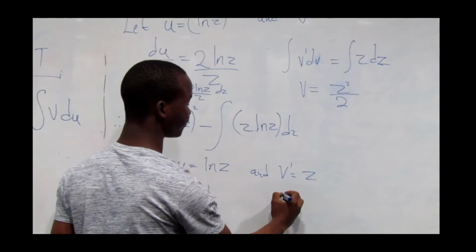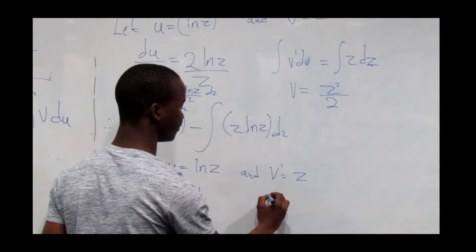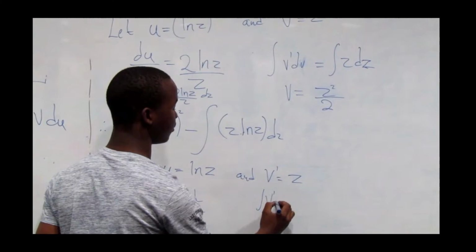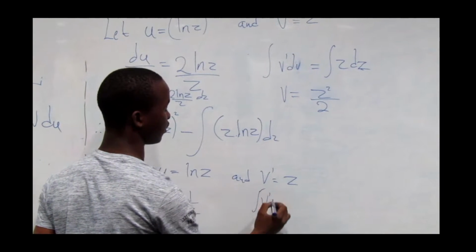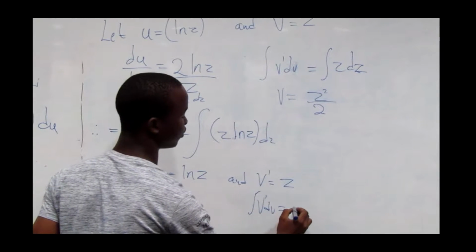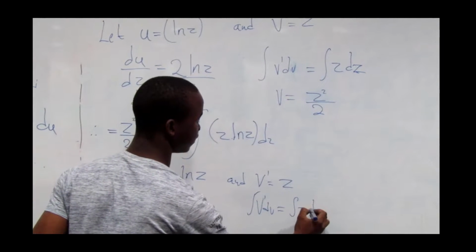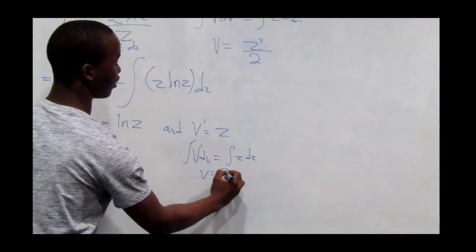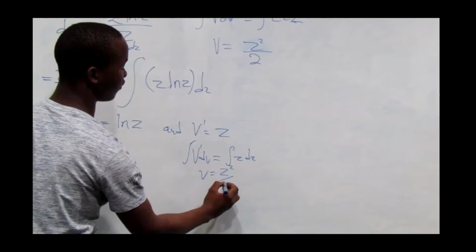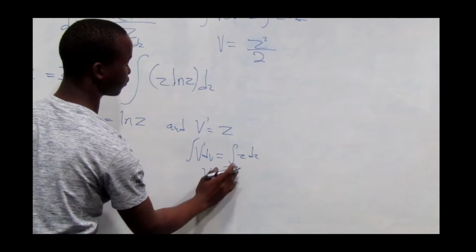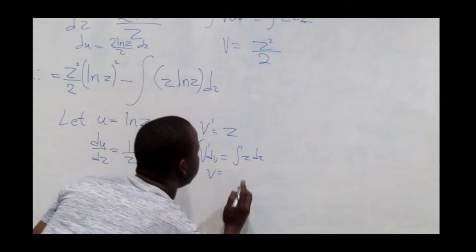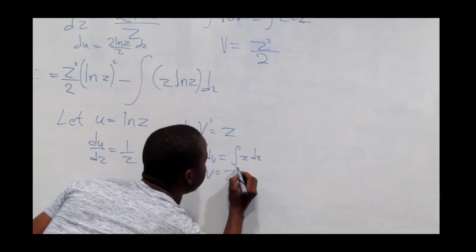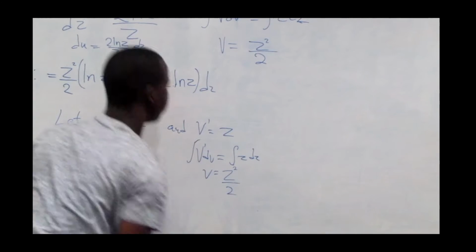Then again the integral of v prime dz is equal to the integral of z dz, which gives v equal to z squared over 2.